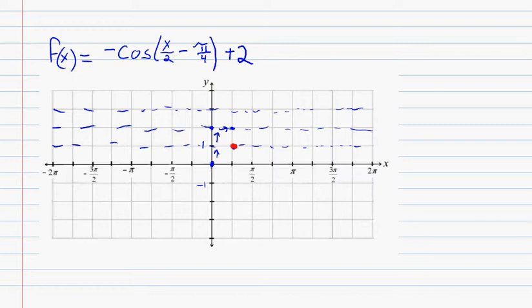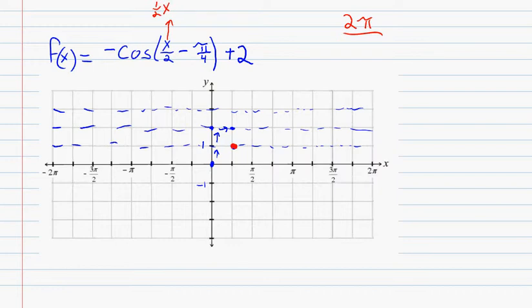Now we have to figure out our period, because we don't get to go on as normal. So to figure out period, what I have to do is 2 pi divided by b, and over here, this is the same thing as 1/2 x.